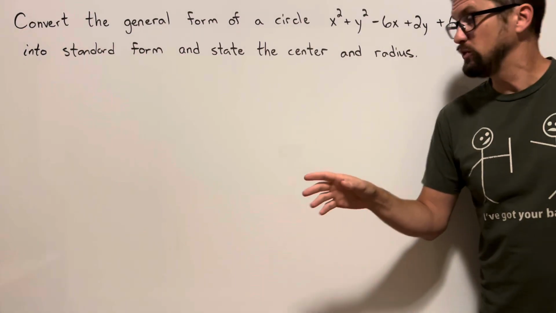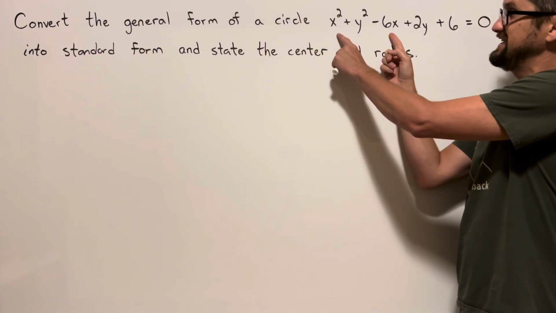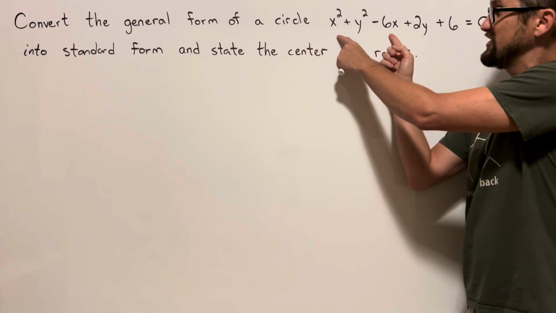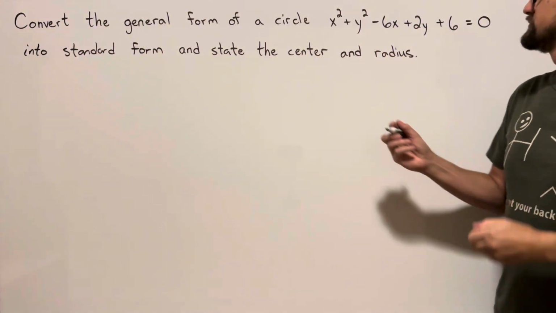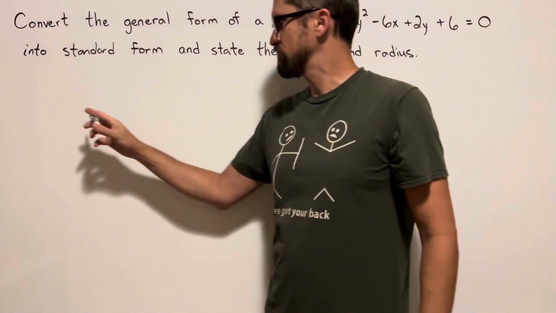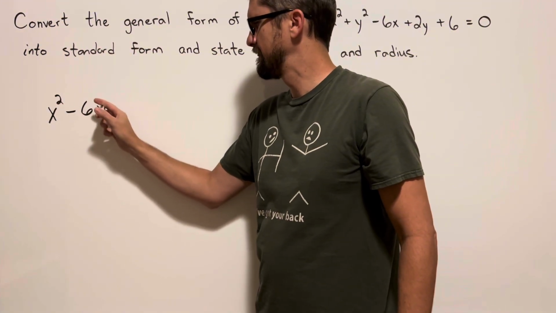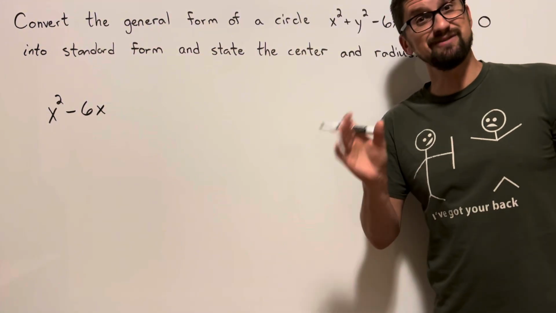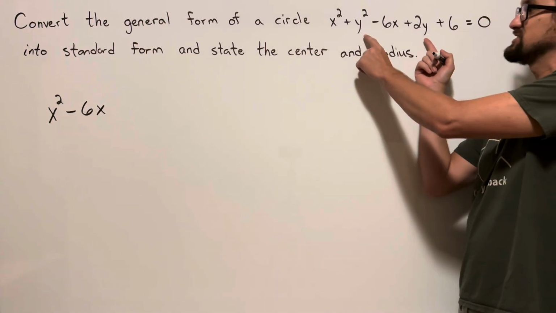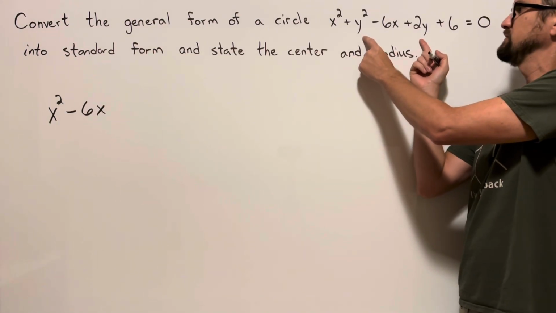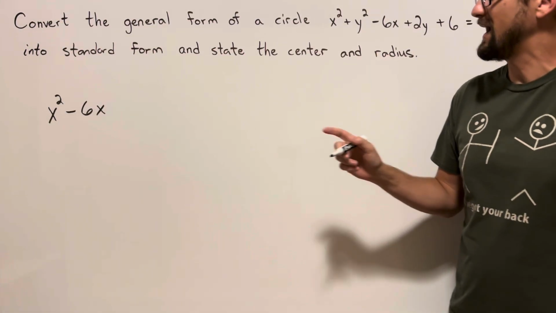What I'm going to do is group the x squared and the x term together. So I have x squared minus 6x. And then I'm going to group the y squared and the y term together. So I have y squared plus 2y.